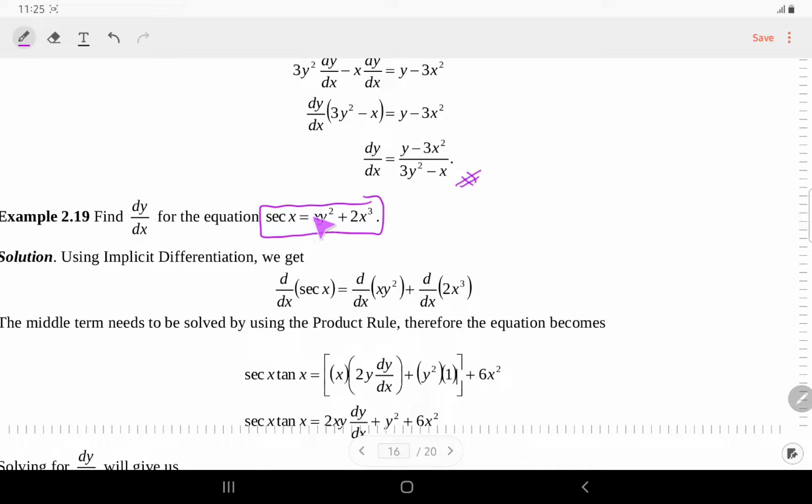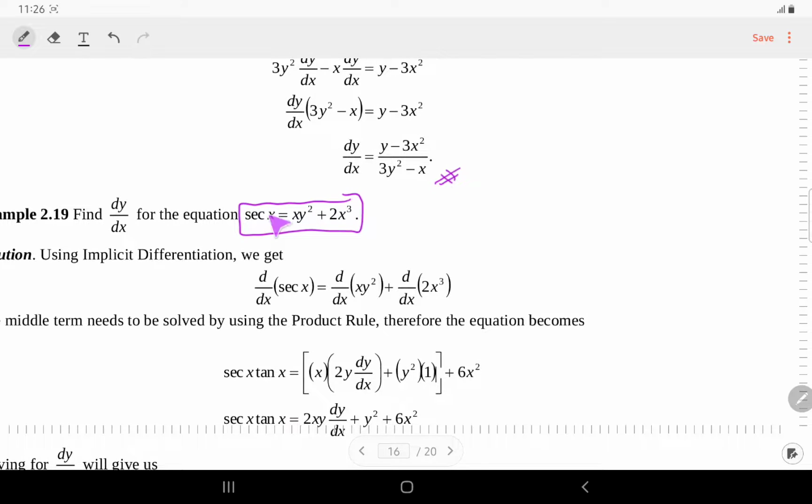To differentiate the term xy squared, we need to perform the product rule because it is x multiplied by y squared. When differentiating secant x, we get secant x tangent x, and for this term we don't need to put dy over dx because we are differentiating the variable x.